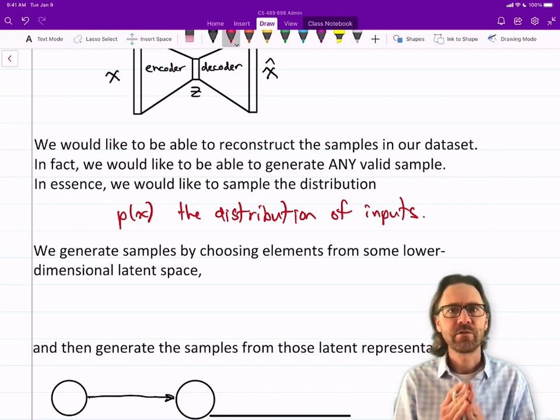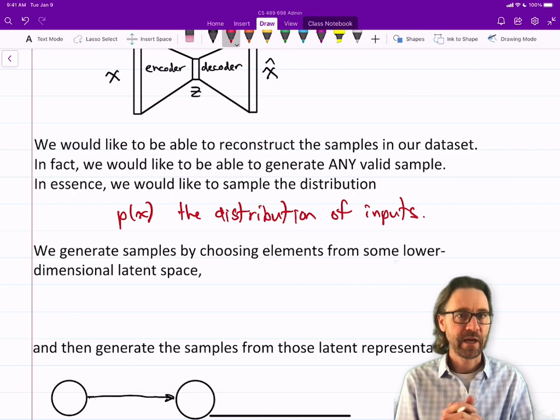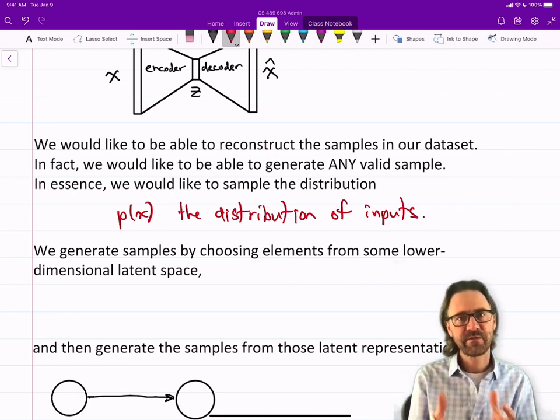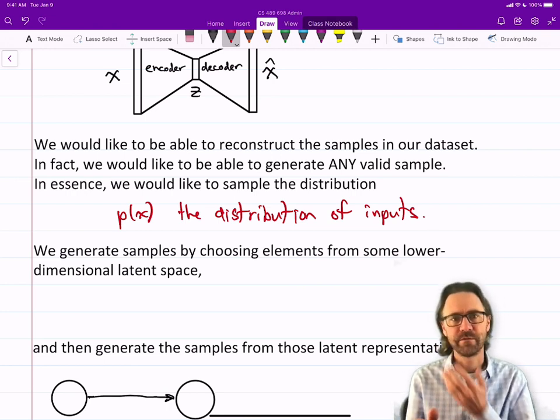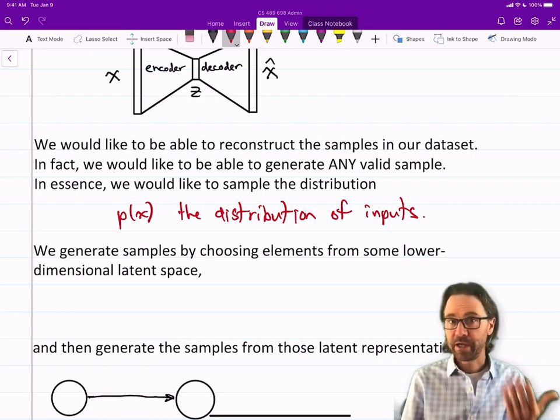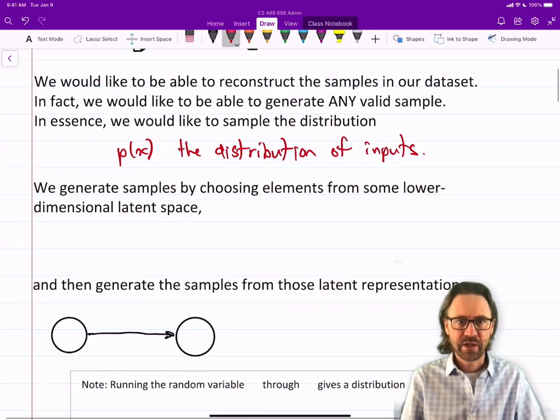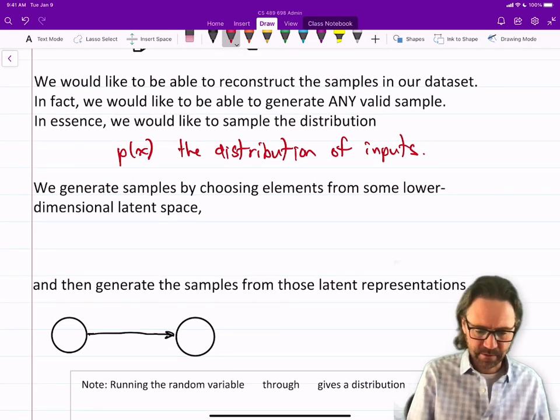It can be quite difficult to ask a distribution to generate X's that come from that distribution. So one way around this is to generate samples by choosing some latent lower dimensional representation and then generating from those.